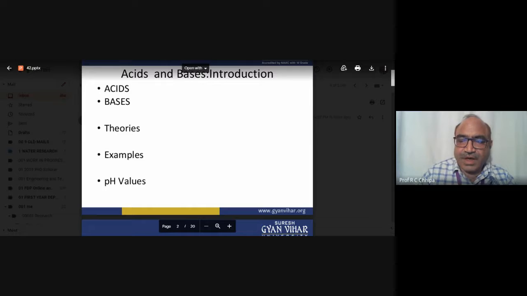So Arrhenius gave this concept early on, and at that moment the atomic structure was not fully developed. Arrhenius said that acids are those which give the hydrogen cation.